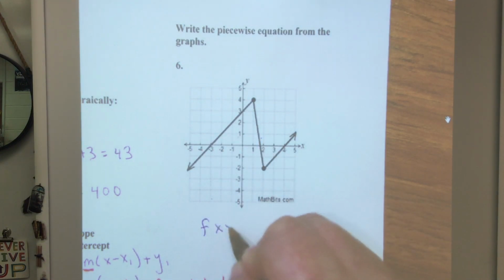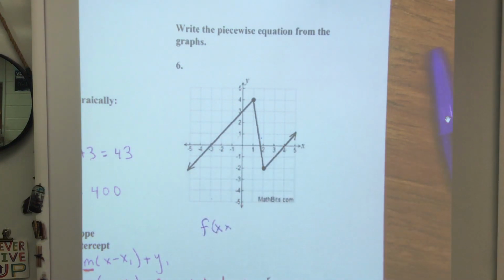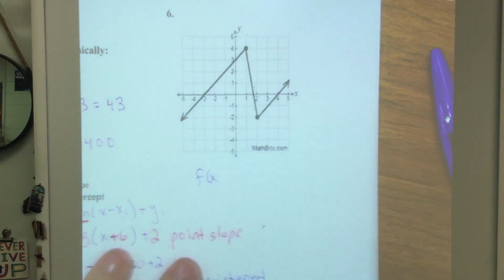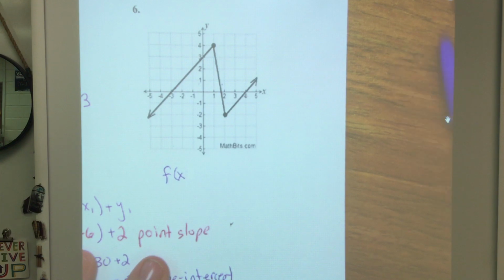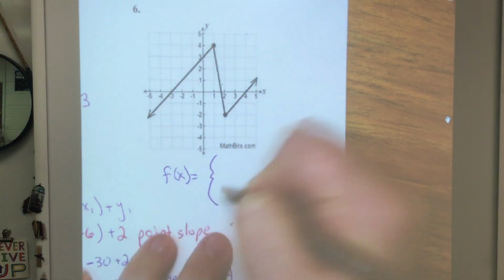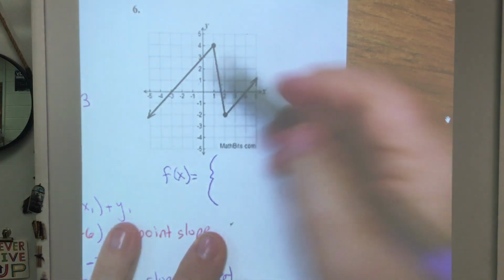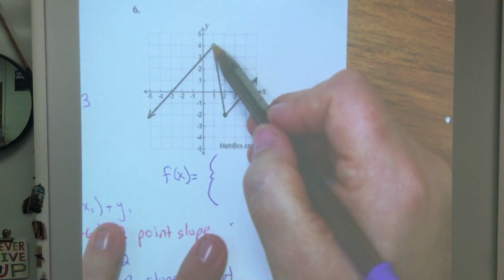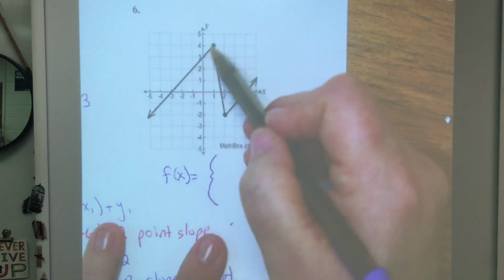So I have f of x, oops, put one too many x's. F of x equals, I'm going to make room for all 3 equations. And this one, basically x is less than 1.